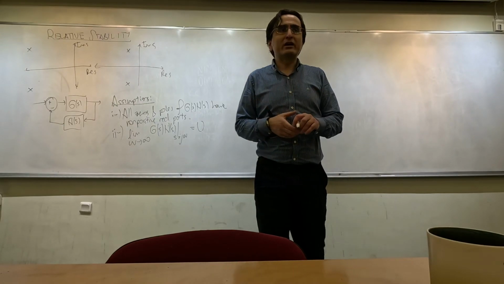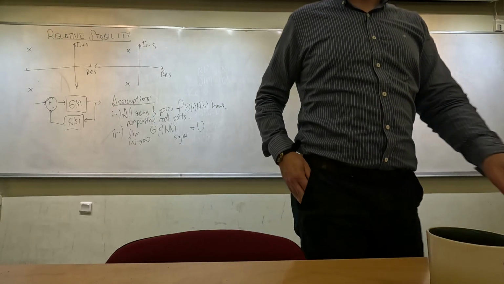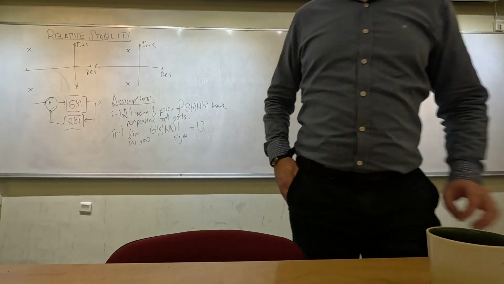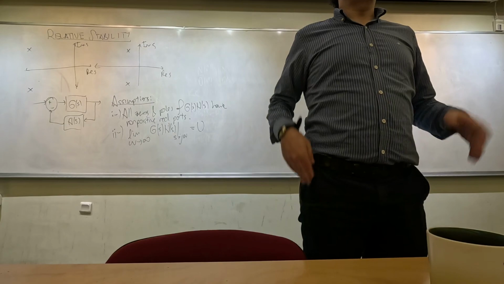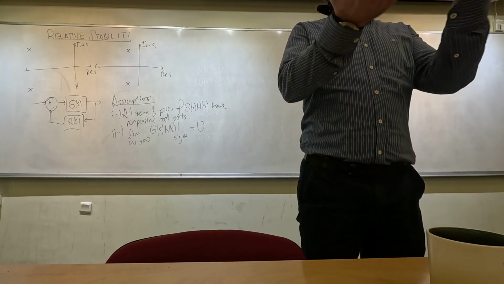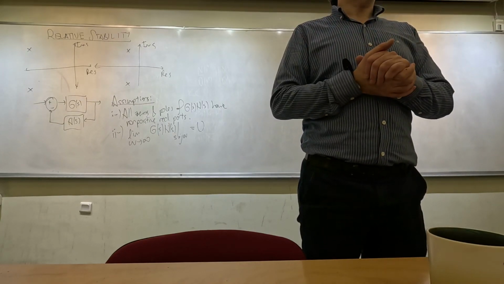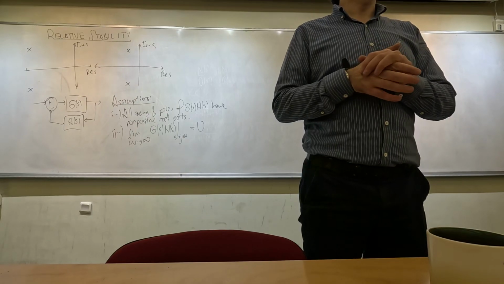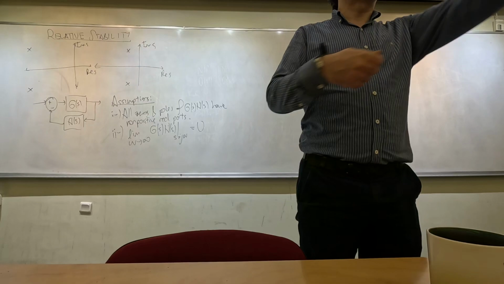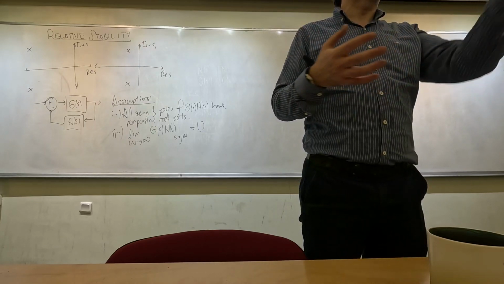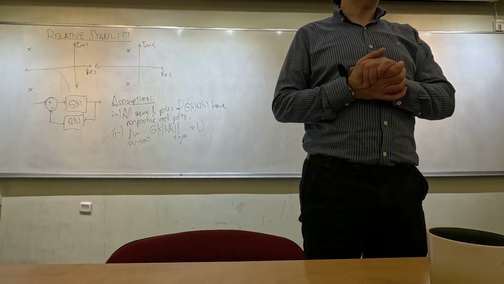So in some way you can try to understand what these requirements are. What we would like to do is that when I give a sinusoid to a system, I want the response to be bounded. So I don't really want terms which are making the frequency response infinite anywhere.